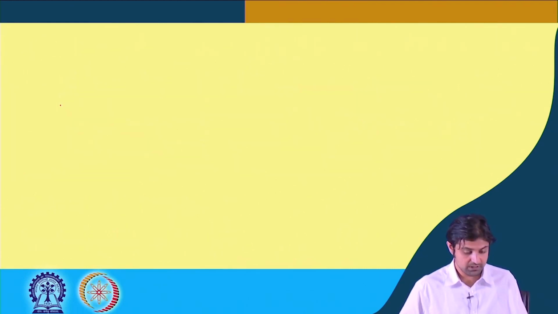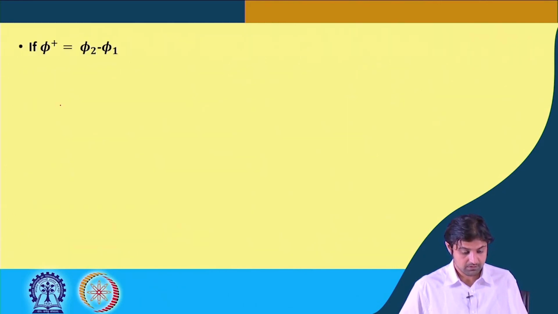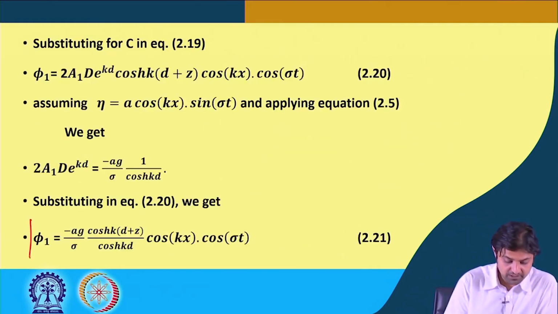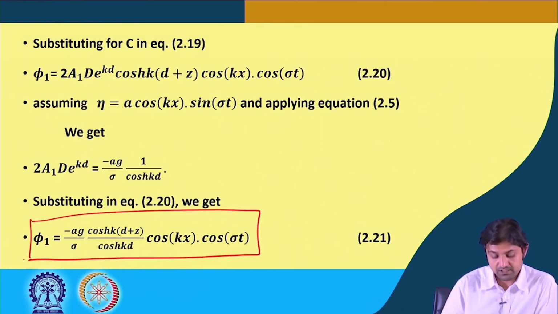More important is this term. So, phi 1 we get is minus A g by sigma cos h k (d plus z). If you remember, phi 2 and phi 4 were with a positive sign, and phi 3 and phi 1 were with the negative sign after the derivation.